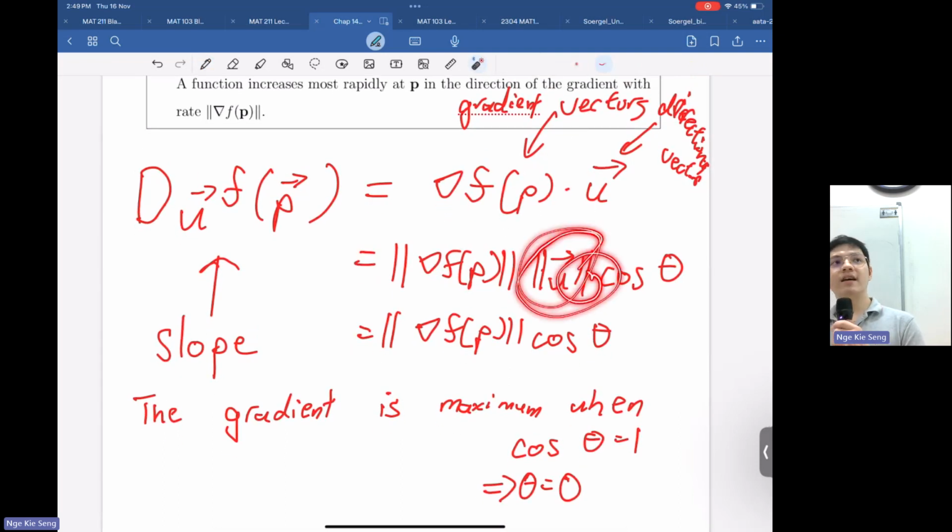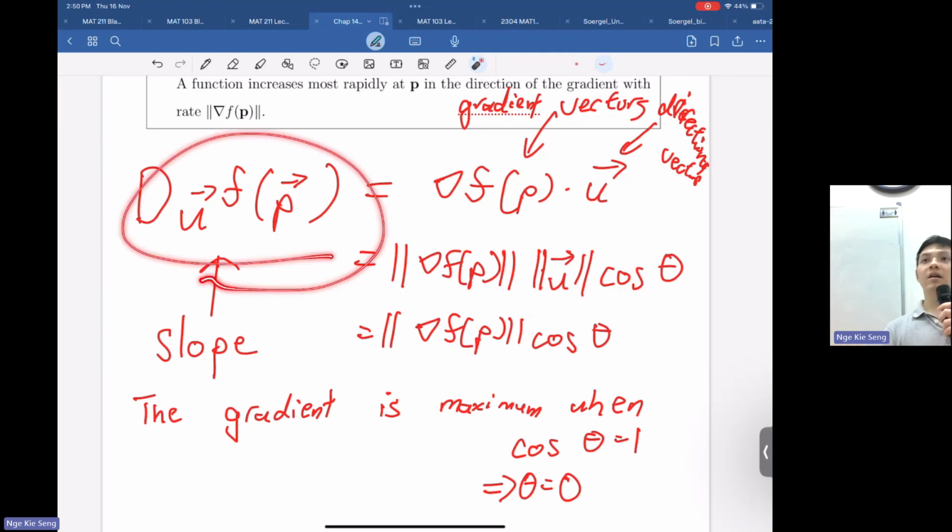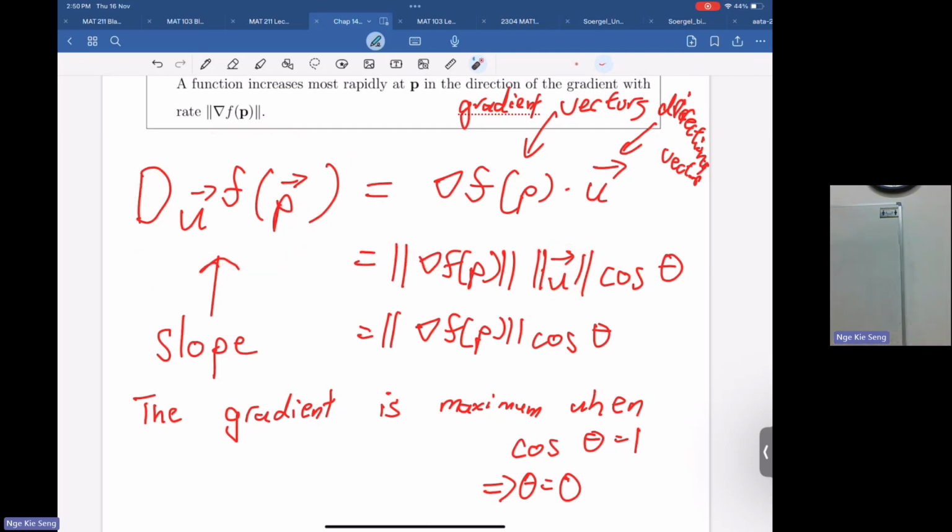A few things I want you to take note of here. You see why we set the direction vector u as a unit vector? Because u doesn't depend on f, so we don't want the direction to affect my gradient.